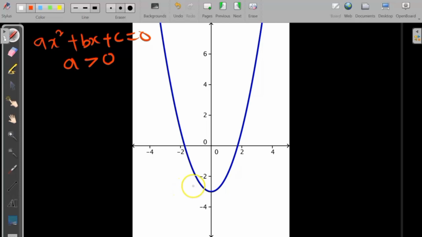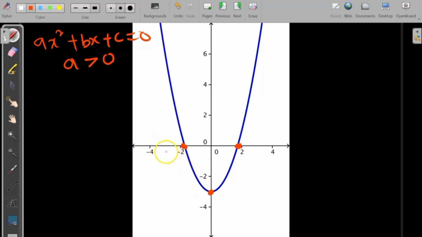The roots of this quadratic equation are the points where the curve crosses the x-axis. The minimum point is always symmetric with respect to the roots of the quadratic equation.